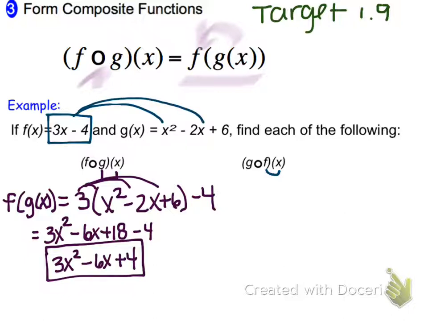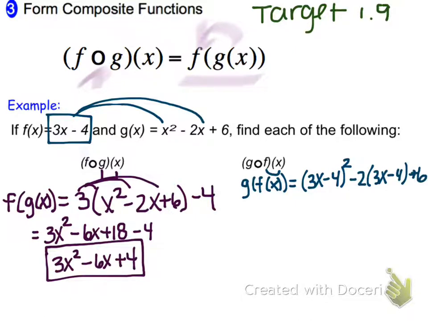And so let's go ahead and try that now. So for g of f of x, we're going to get 3x minus 4, and we're going to have to square that, minus 2 times 3x minus 4 plus 6. And once again, parentheses are really important in all these cases.